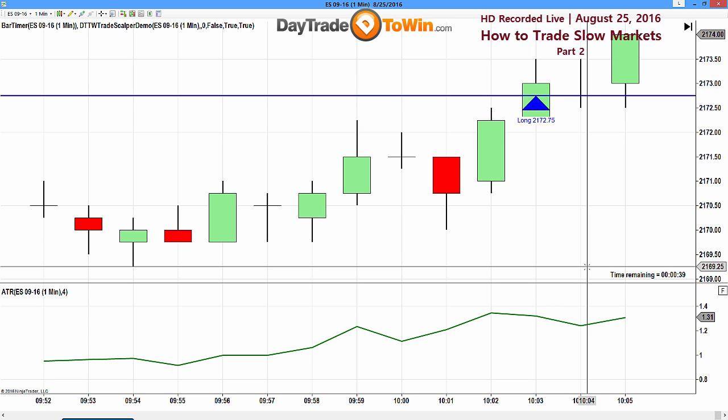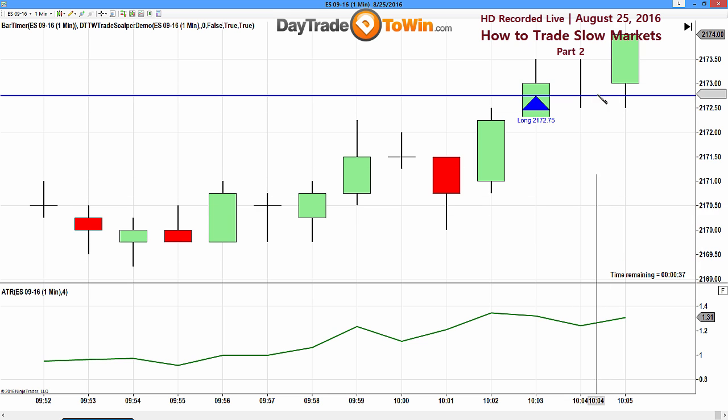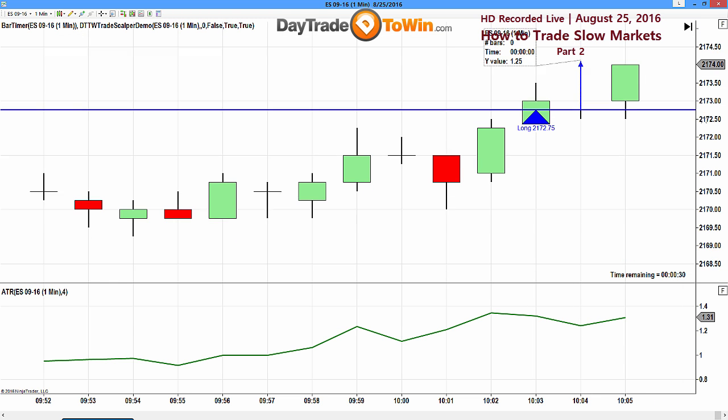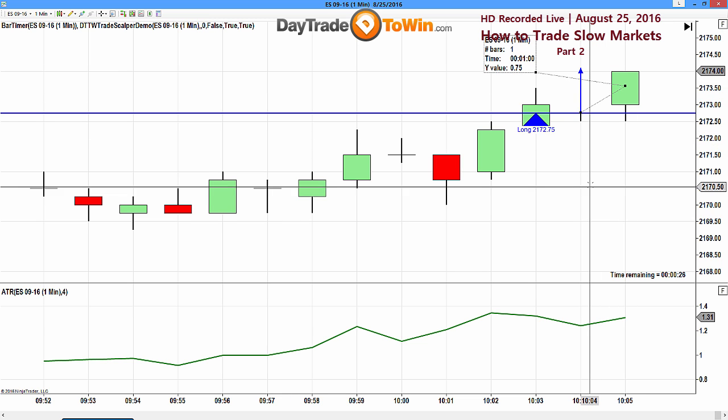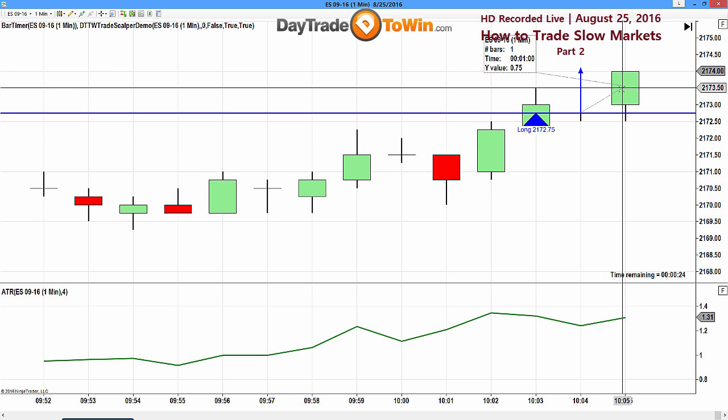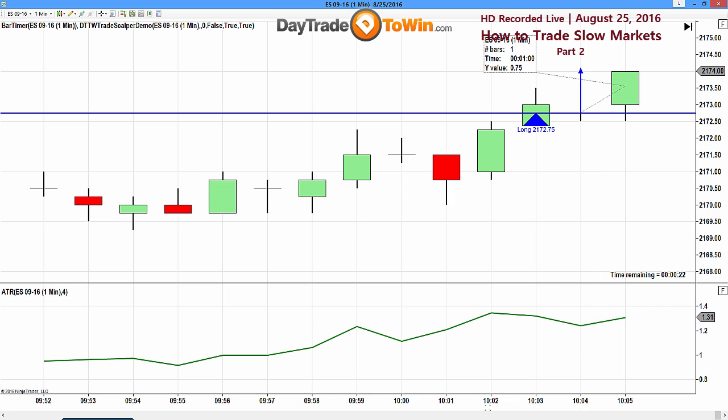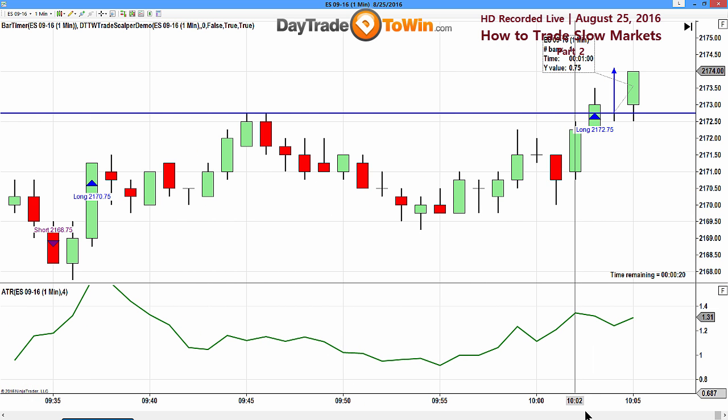And if I cannot make this target, which would be 3 ticks, right? So it would be right here. If I can't make this target from here to here in a short amount of time, there's no reason for me to hold on to the trade.